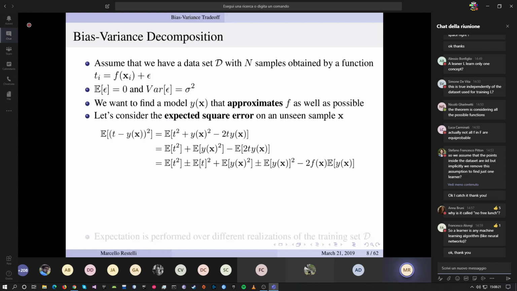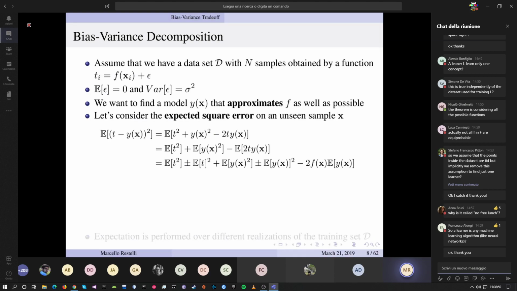So I can take out 2t from the expected value, and by doing this operation, I can replace t with f. And I can do this because the noise epsilon is actually independent from our model y, since I'm considering a point that is outside the training set. And so I have this expression here.